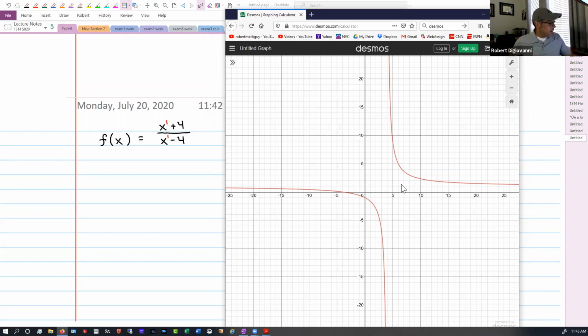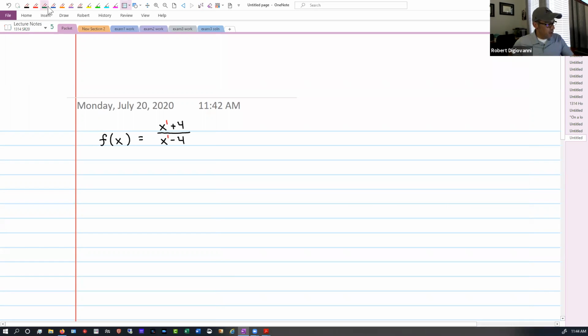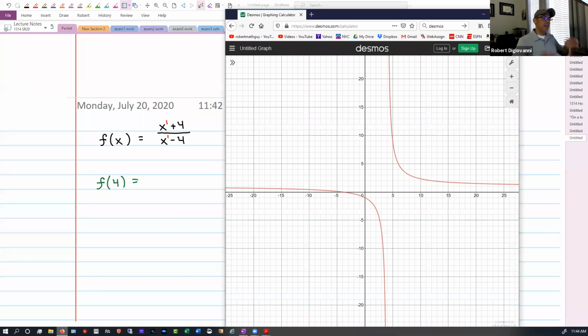Now, let me ask y'all a question. What would happen if I tried to plug the number 4 into this function? If I tell you plug 4 in there, what would you get on top? 8.